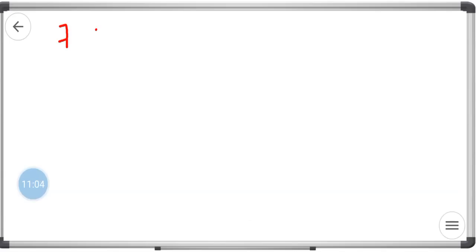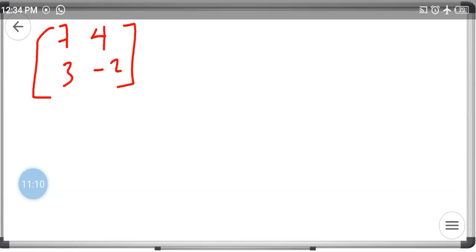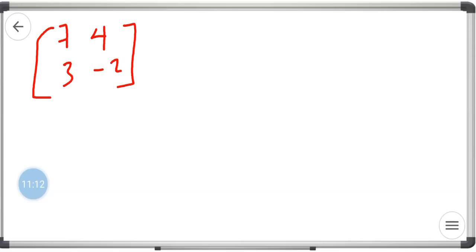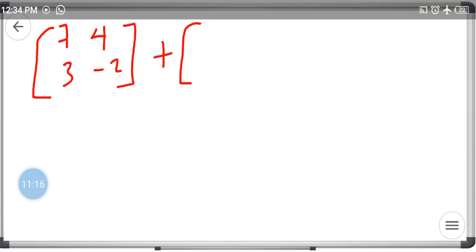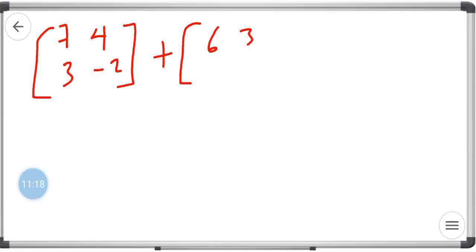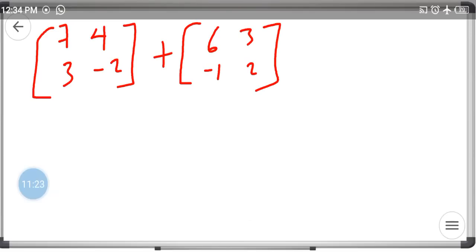So from here, we're told to evaluate B plus C. And from the question, we're told that B is 7, 4, 3, minus 2. We want to evaluate B plus C, and as well, we have 6, 3, minus 1 and 2.